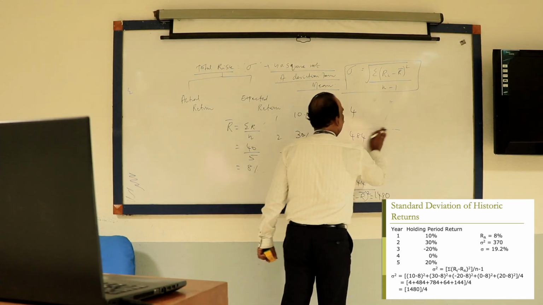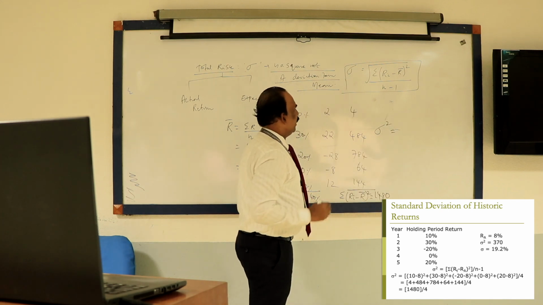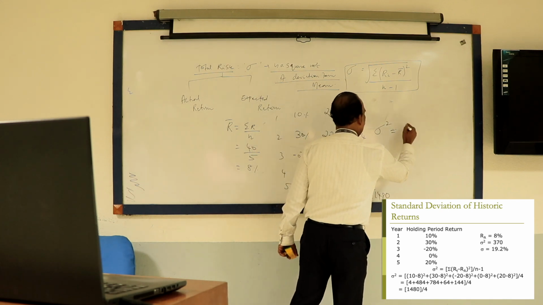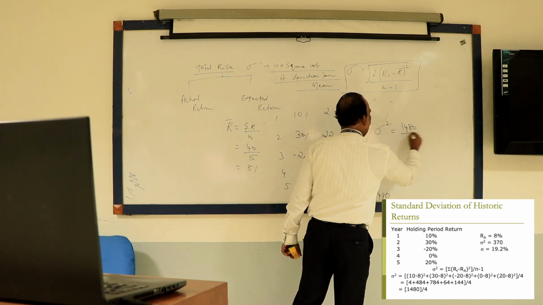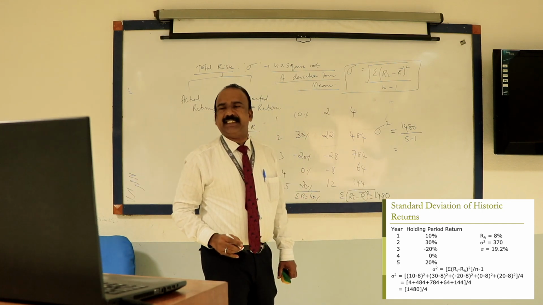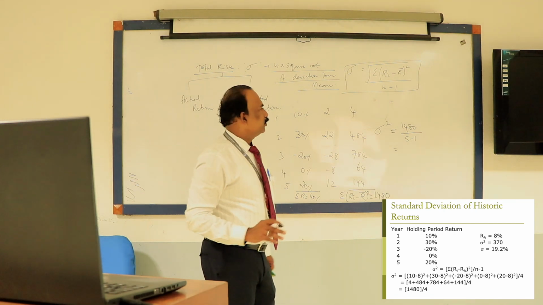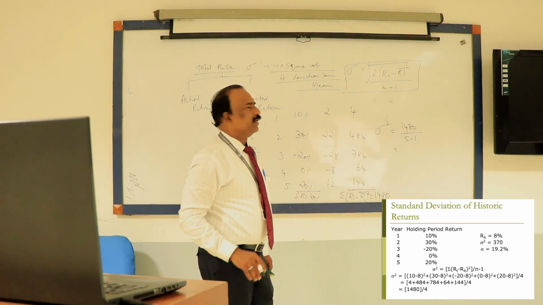So standard deviation square, that is variance. Standard deviation square is 1480 divided by n minus 1, that is 5 minus 1. Standard deviation square is called variance. Variance or standard deviation square, one and the same. So 1480 divided by 4.